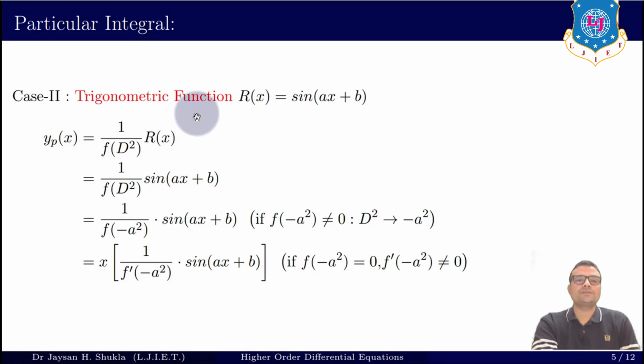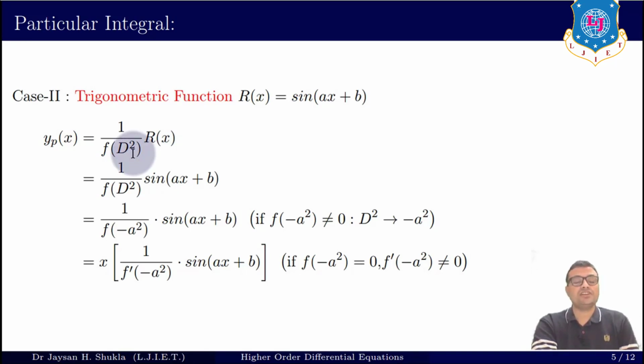Suppose this function r x on the right hand side of yp is sine of ax plus b. Then remember one thing: as in case of exponential function, we are focusing on 1 upon f of D, in case of sine or cos, we are focusing on D square in the equation.